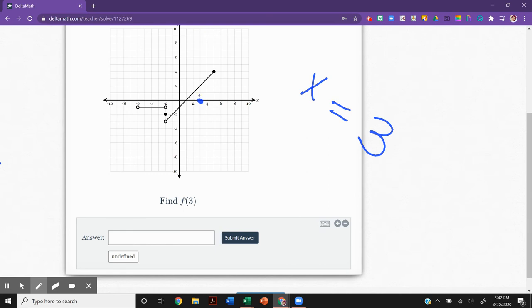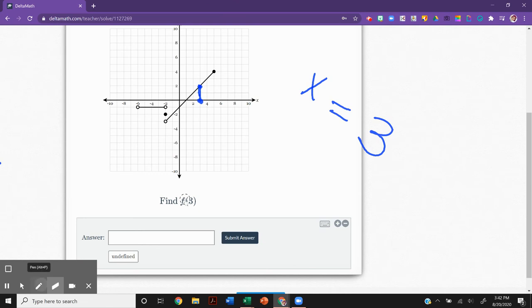So when I go straight up, what's the y value right here? I did hit a line. I didn't hit a hole, because if I had been over here, I've got these holes, but I didn't hit a hole. I hit the line. Where did I hit the line?